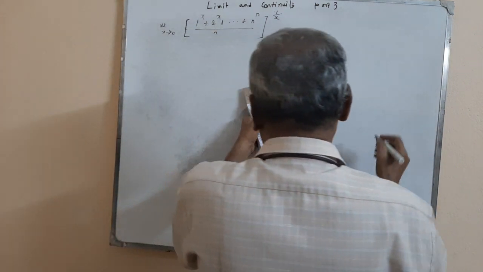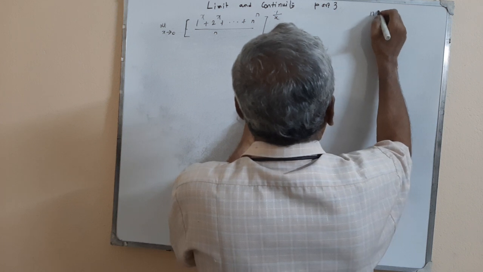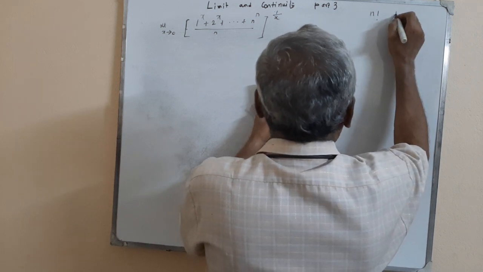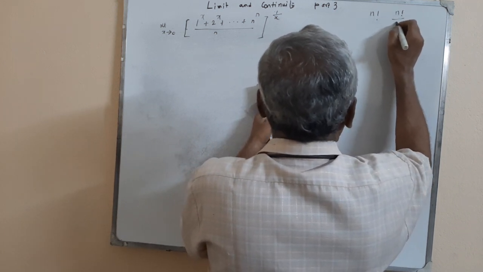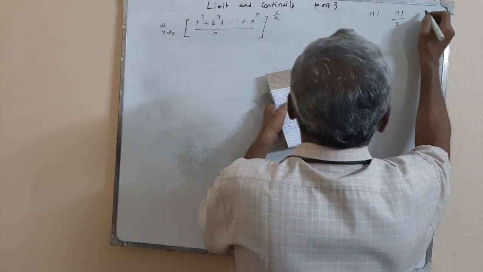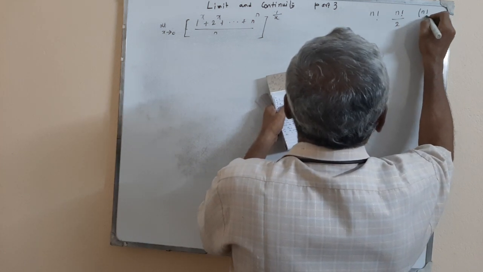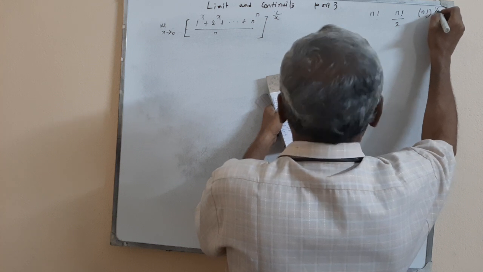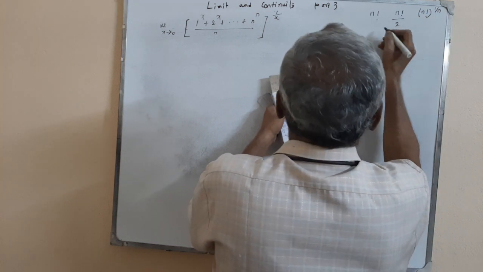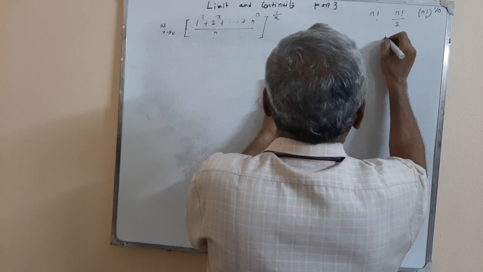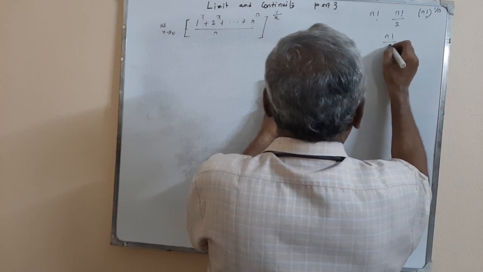Its options are factorial n by 2, factorial n to the power 1 by n, and factorial n divided by e.